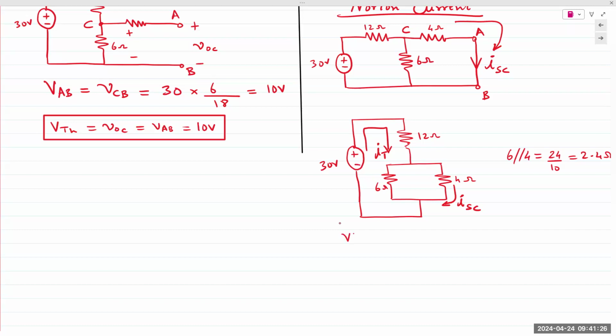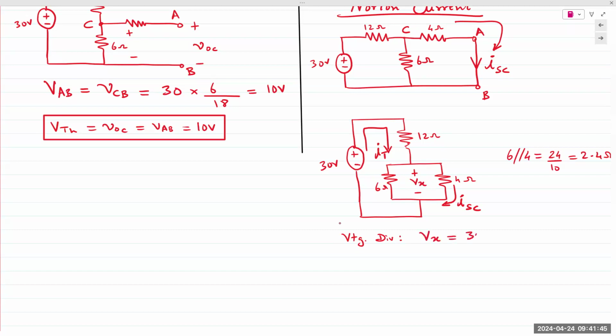So from voltage division, I can state that, let's call this Vx.